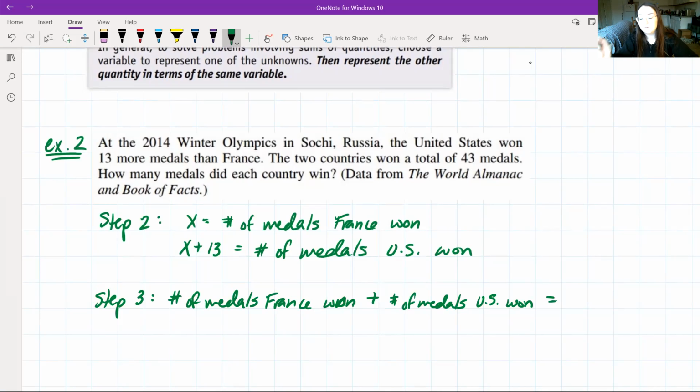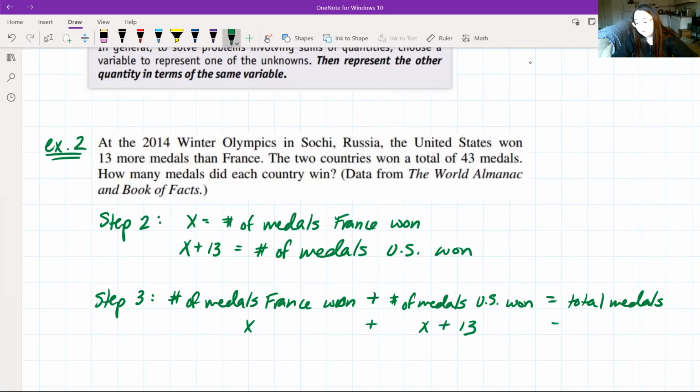And this is equal to our total, which was 43. Or our total medals. So we'll say total medals. And now we can combine our terms here. So our number of medals that France won, we represent as X. Our number of medals the US won, we represent as X plus 13.